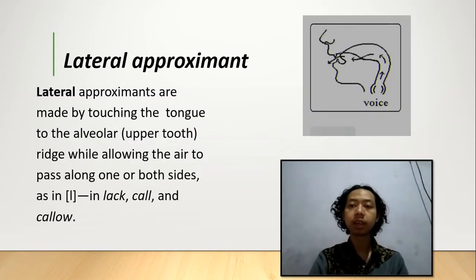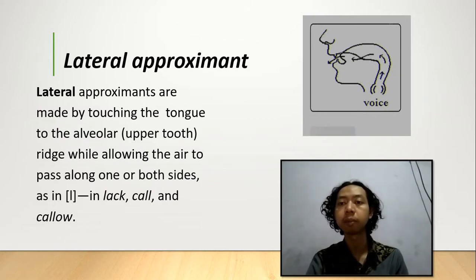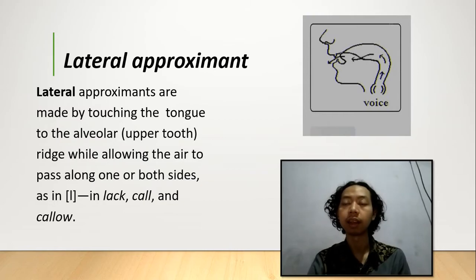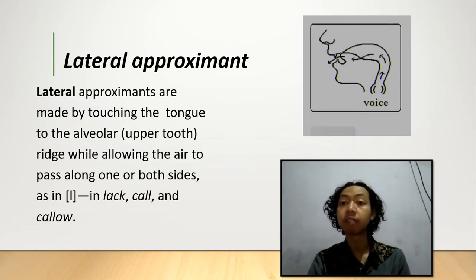Okay, number 1 is lateral approximants. Lateral approximants are made by touching the tongue to the alveolar or upper tooth ridge while allowing the air to pass along one or both sides, as in L. So your tongue touches the alveolar ridge or upper tooth while allowing the airstream to pass along.